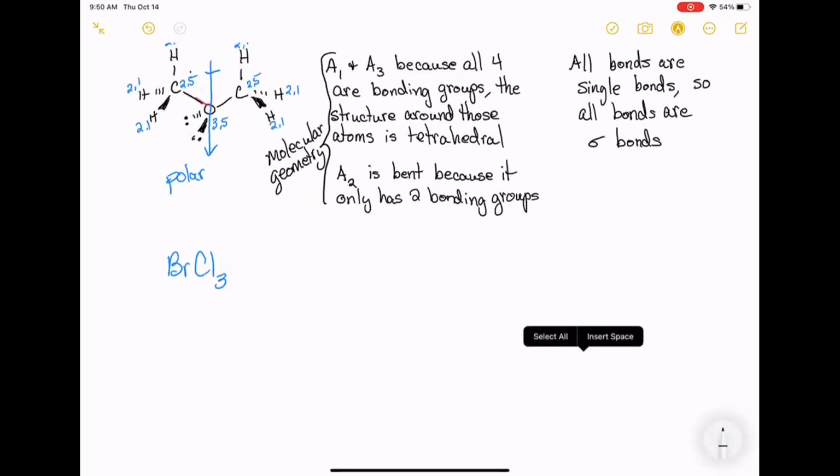Let's look at the next one. If you draw out this structure, you wind up with this Lewis structure where bromine is single bonded to 3 chlorines and the bromine also has 2 lone pairs.